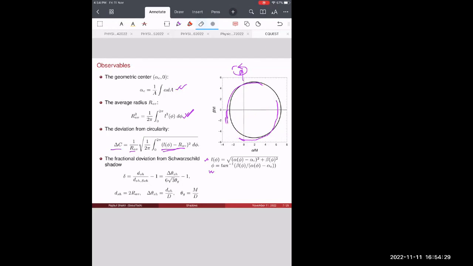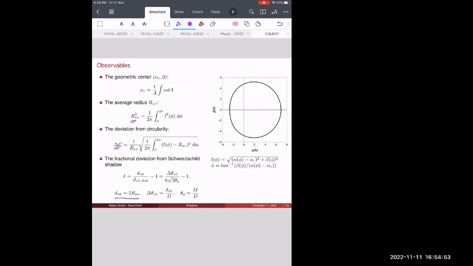When we consider M87 results, we use this average radius, or rather the average diameter, which is 2 times the average radius, and the deviation from circularity to constrain different black hole mimickers.